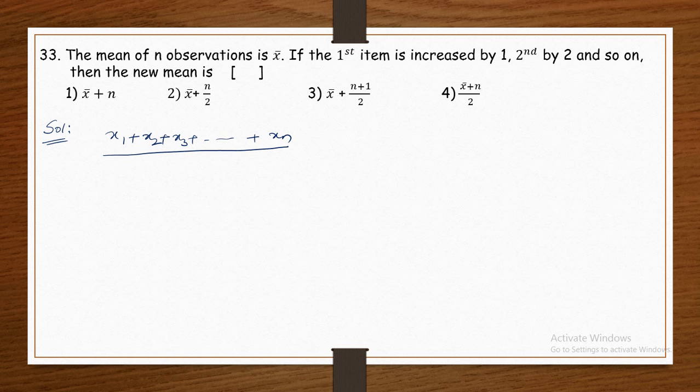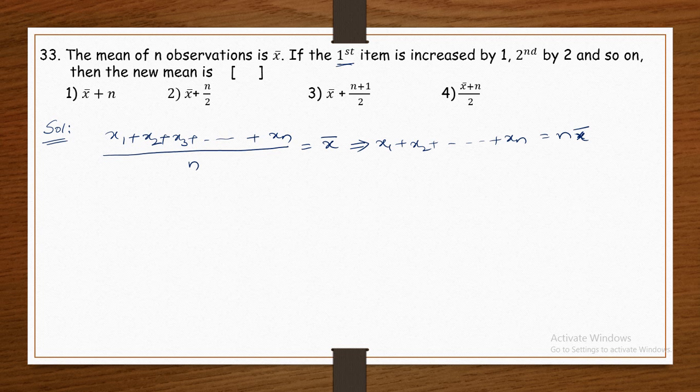So x1 plus x2 plus x3 plus so on up to xn, divided by n, is equal to x bar. From this I am going to get the sum: x1 plus x2 plus and so on plus xn is equal to n times x bar. Keep it aside. Now what is he asking?